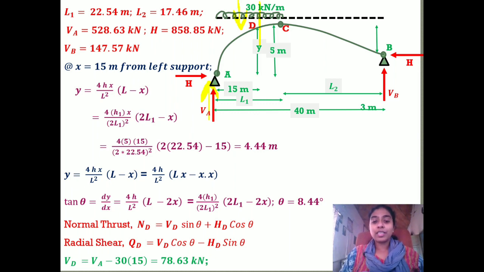So we get 78.63 kilonewton. And HD is equal to H, since that is the only horizontal force we have, so that is 858.85 kilonewton.